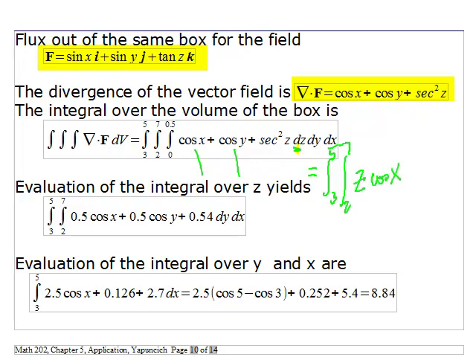Remember, when you integrate with respect to z, these terms are treated as constants. So if it were 2, it would be 2z. In this case, it's cosine x times z. And then you have another z multiplying the sine of y. And then, of course, you get tangent z, and you're integrating from 0 to 0.5.